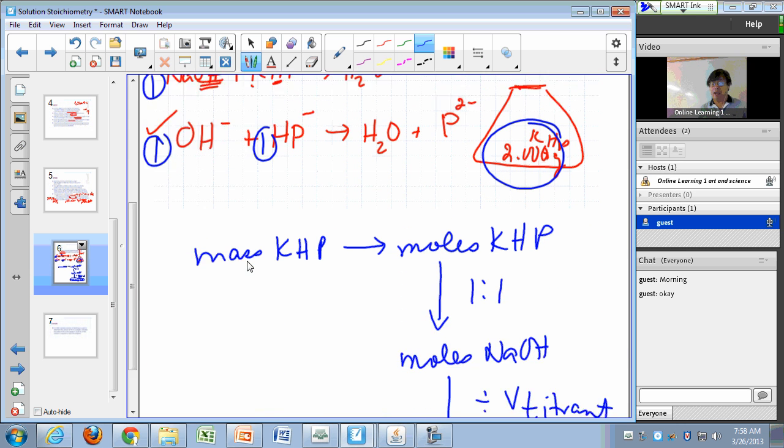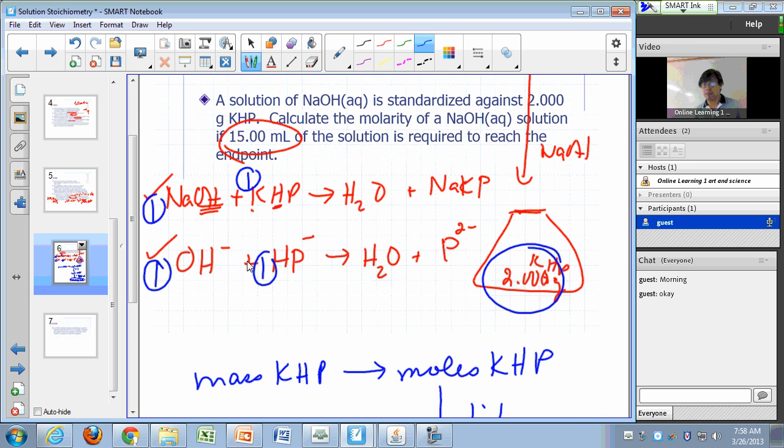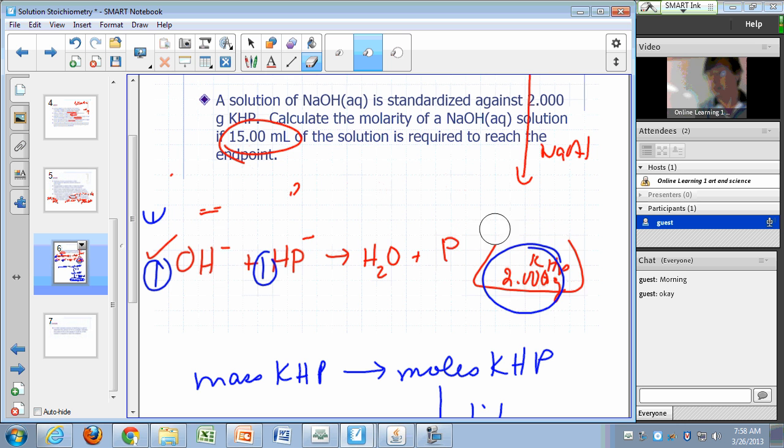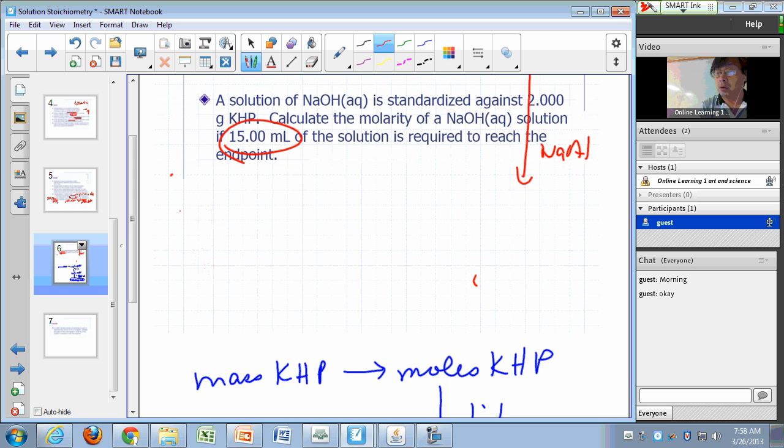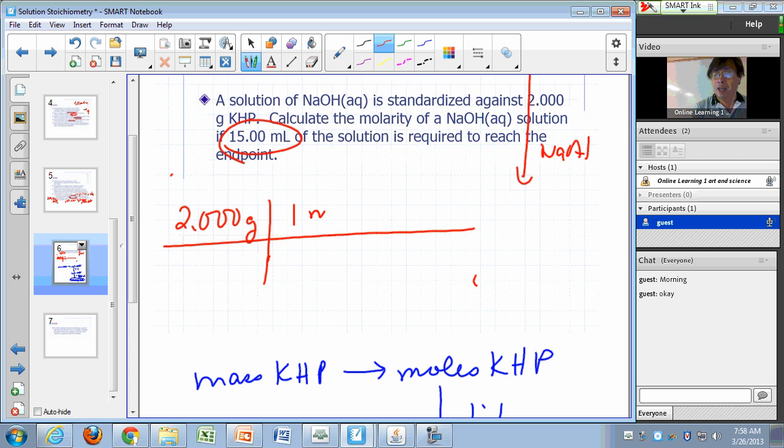So let's do that. Let's start with the mass of our KHP, which is 2.00 grams. We change that to moles. How do you change grams to moles? 1 mole of KHP has a mass of 204.23 grams. Okay, so that's KHP. Grams cancel out.